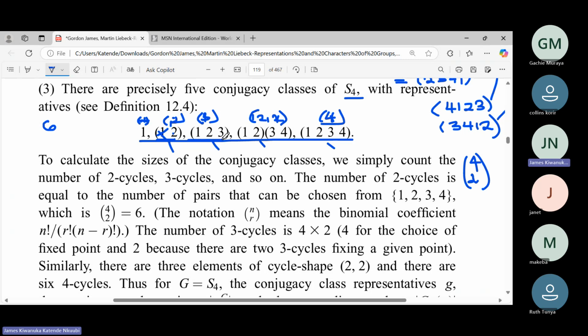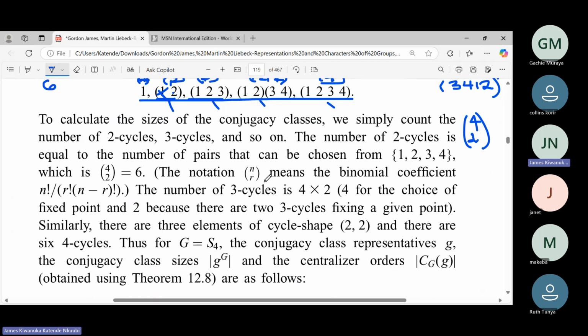So the next one is how many 3 cycles can you get? The number of 3 cycles is 4 times 2. So you can count it like this.